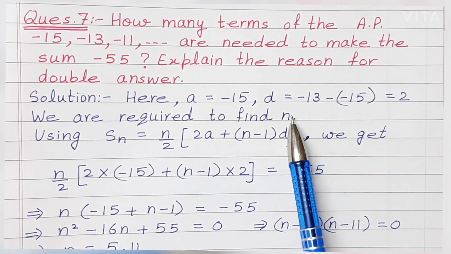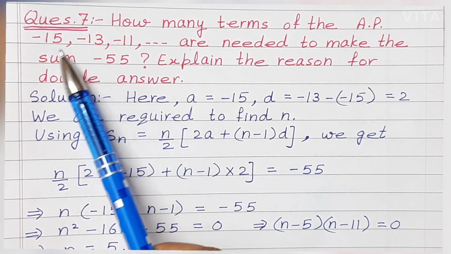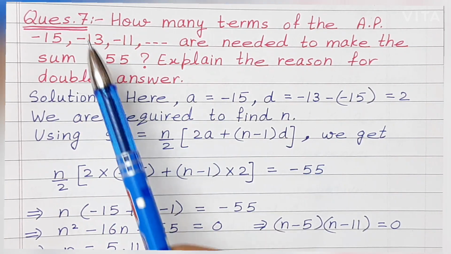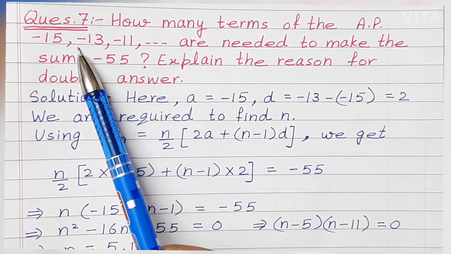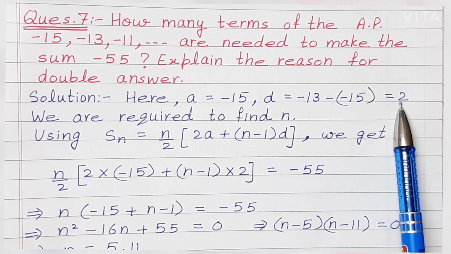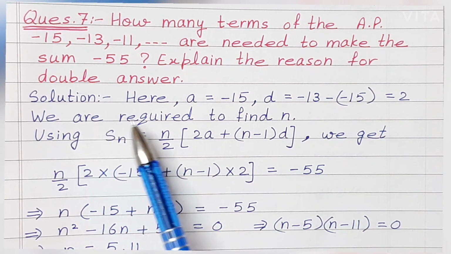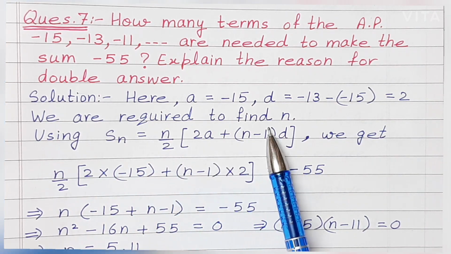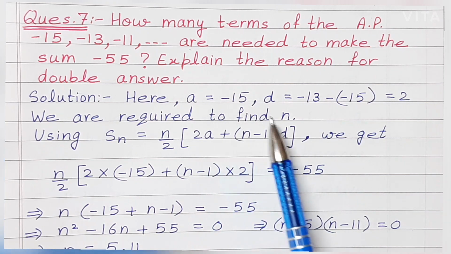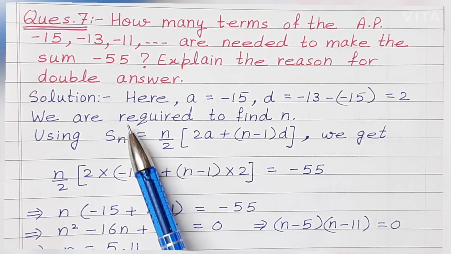So let us start. Here a is minus 15, d is minus 13 minus of minus 15, that will be 2. So we are required to find n. Clear?